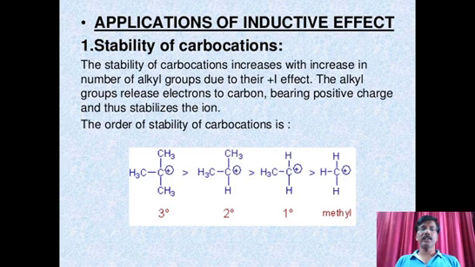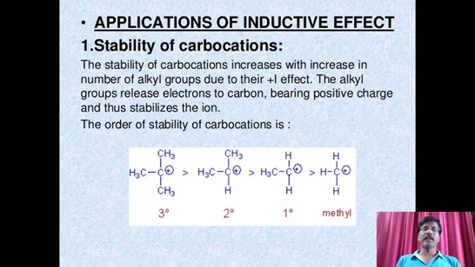Therefore, tertiary, due to three plus I groups, is more stable. In secondary, there are only two plus I groups, therefore less stable. In primary, there is only one plus I group, methyl, so still less stable. And methyl is least stable when compared to this series.